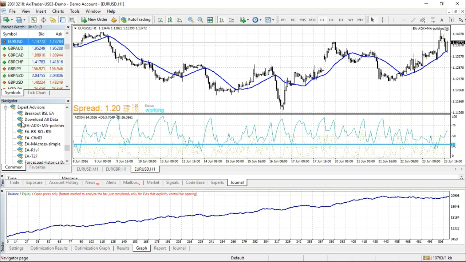If the satellite is dark gray, it means it's an EX4, compiled. There is no way I can read the source code. If it's clear yellow, it means the source code is open and everybody can read and modify it.